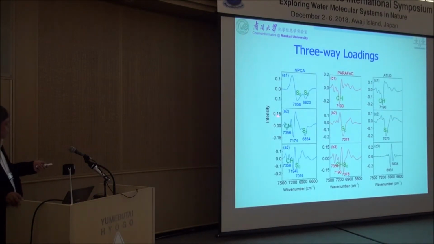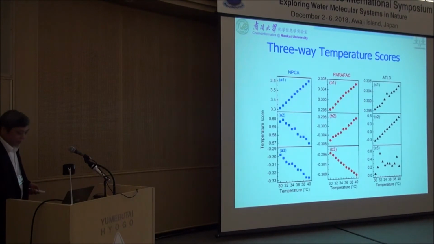The result is not so good, I think. We can find some structural information about the water species, but it is difficult to find the information of other water species. So this is the quantitative result. This is good.